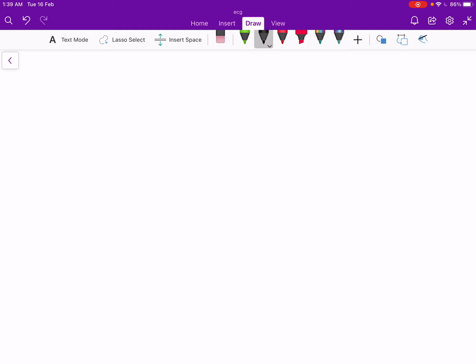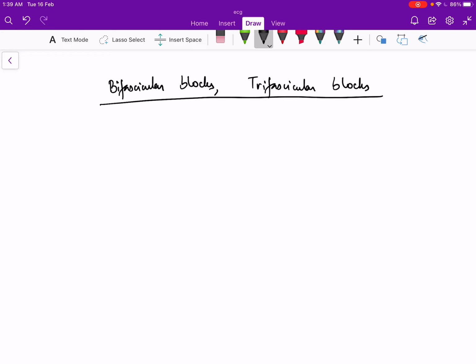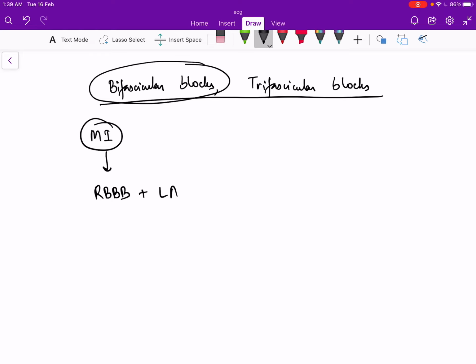We can have bifascicular blocks, we can have trifascicular blocks. Suppose we have a patient of myocardial ischemia and you find a case of right bundle branch block plus left anterior fascicular block.